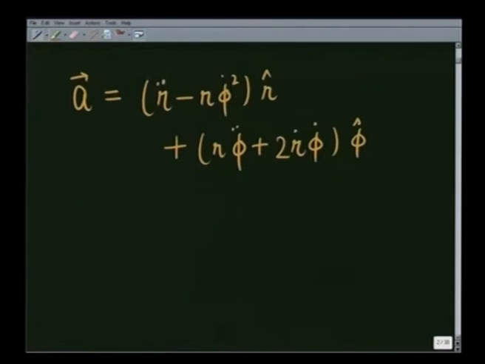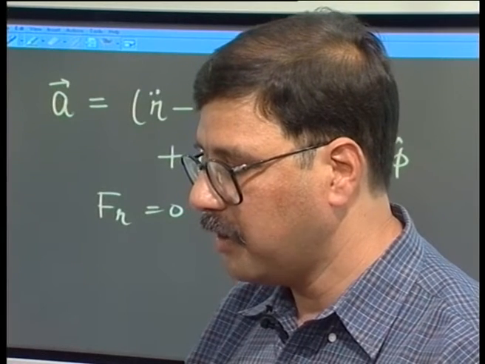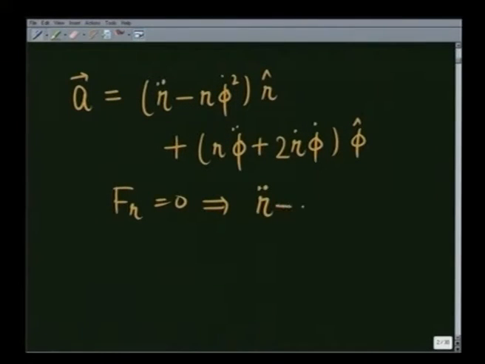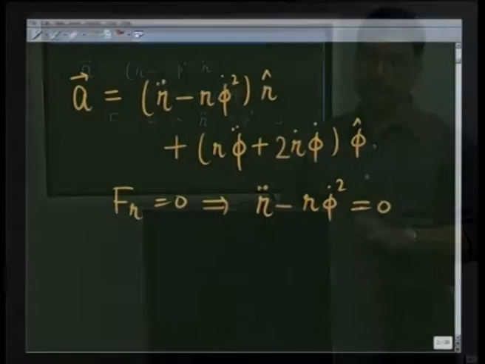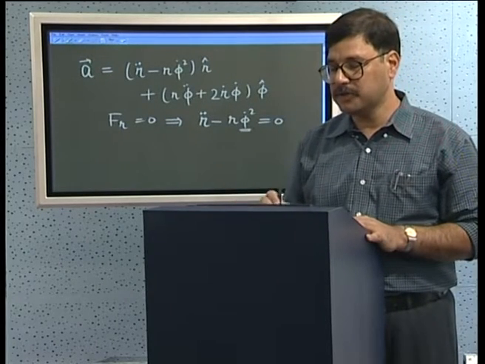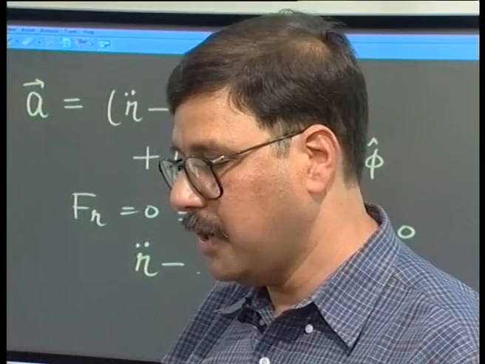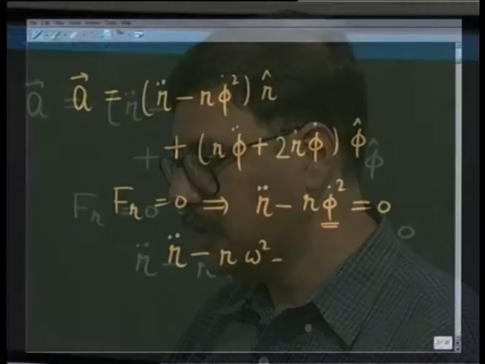in phi direction. As I have just told you, f r is 0 and this implies r double dot minus r phi dot square is 0. Since I know that the particle is moving with a constant angular speed, phi dot is a constant equal to omega, therefore the equation becomes r double dot minus r omega square is equal to 0.